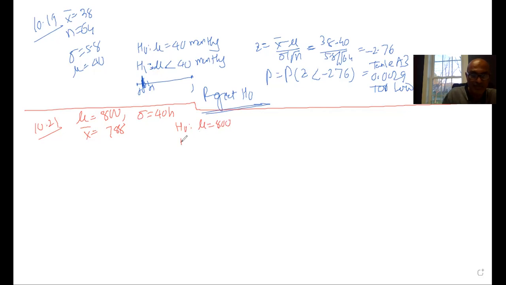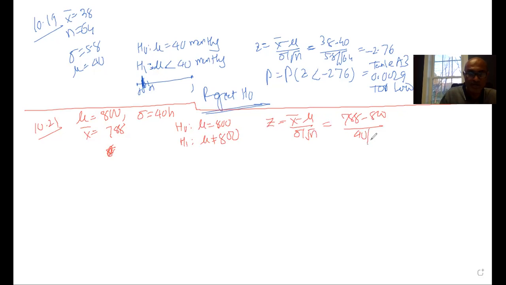Of course, it is given to you in this example, so that is really good for you. Naturally I can go for z equal to x bar minus nu over sigma over square root of n, and that is equal to 788 minus 800, and my sigma value is 40.